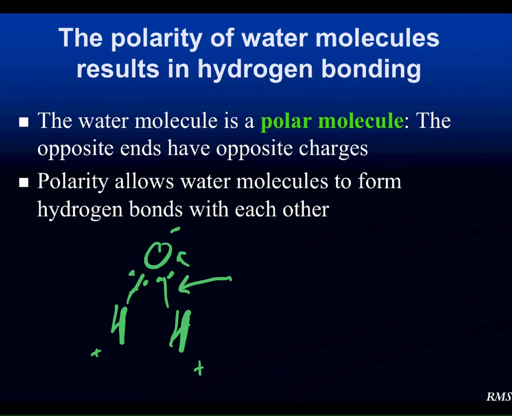Those types of bonds are polar covalent bonds, which makes water a polar molecule because you have one side that's slightly negative and one side that's slightly positive. And just as a side note, it's not fully positive and negative on one side, it's just slightly positive and negative. But that polarity allows water to interact with a lot of other polar compounds.